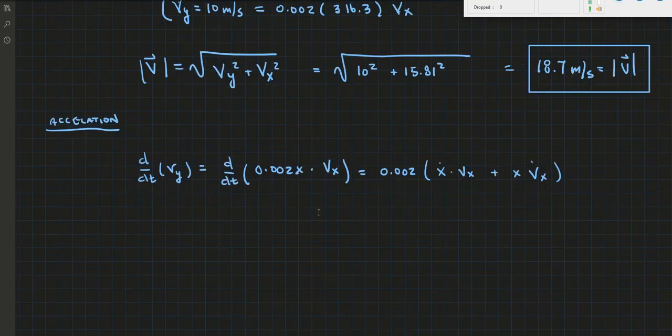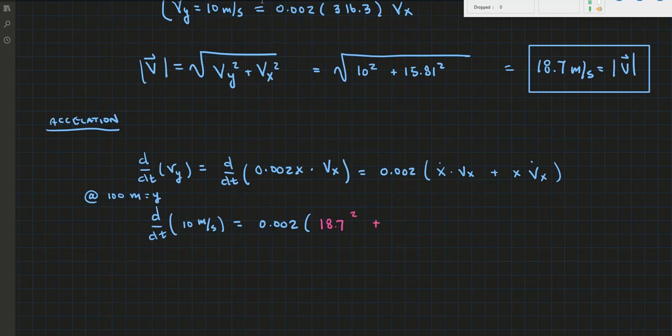So now we have some values that we can stick in here. So d/dt, and this is at 100 meters, I guess. So at y equals 100 meters, then this is 10 meters per second and 0.002. We've got the velocity in the x direction squared, which we calculated up above, is 18.7 squared.